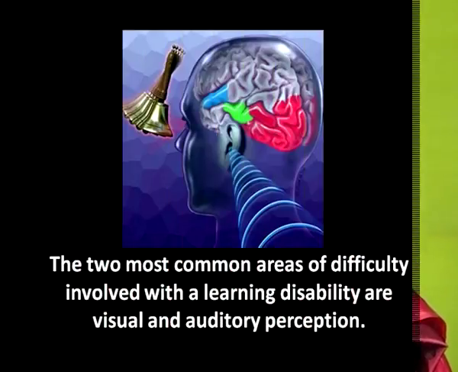Visual and auditory processing are the processes of recognizing and interpreting information taken in through the senses of sight and sound. The terms visual and auditory processing and visual and auditory perceptions are often used interchangeably.